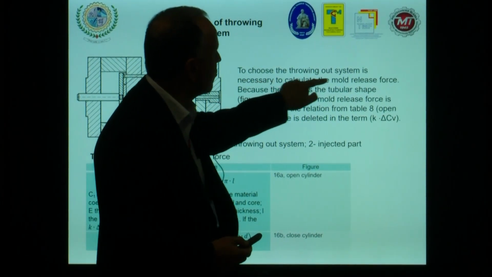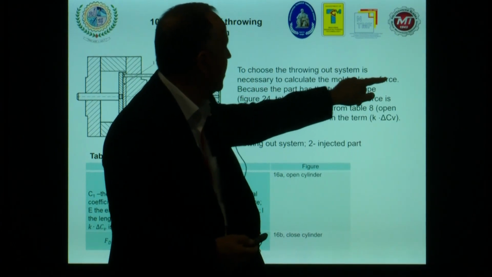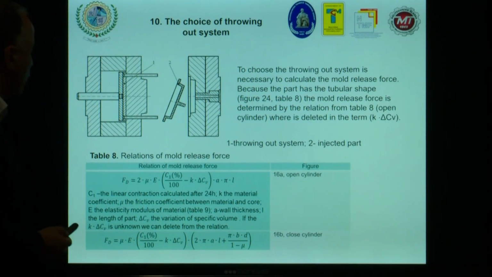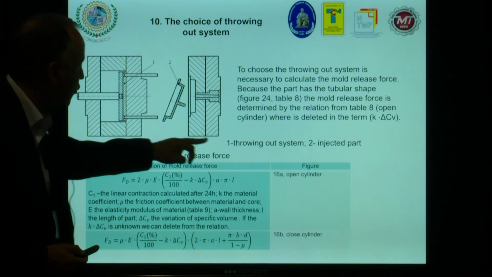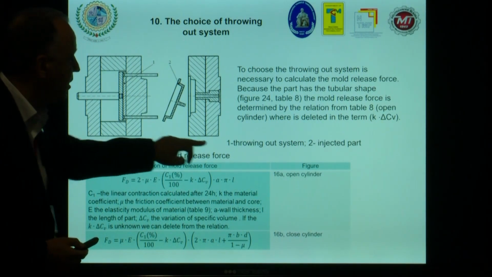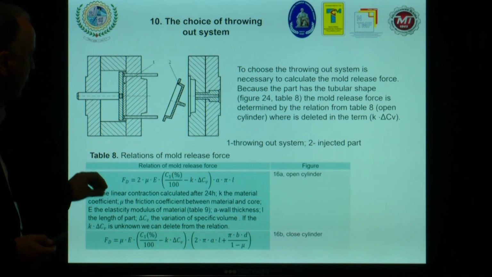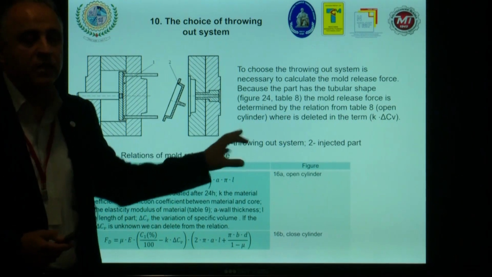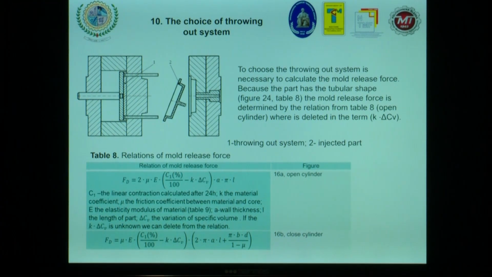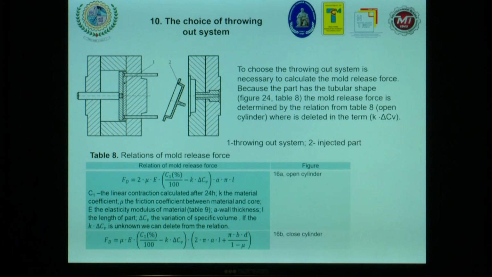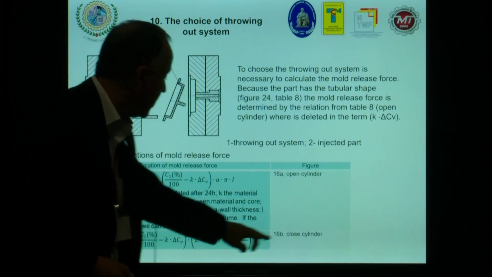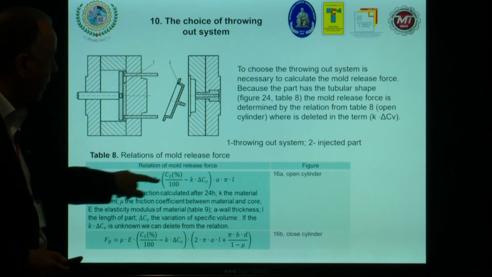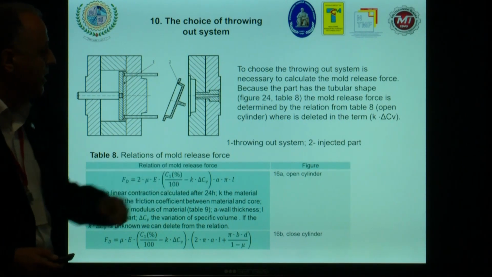Why is it necessary to choose the drawing-out system? Because we have to calculate the mold release force, and you can see here the relation for the mold release force. This is quite important because the calculus takes into account the shape that we use for our parts. In the case of an open cylinder and a closed cylinder, there are different relations for the mold release force.